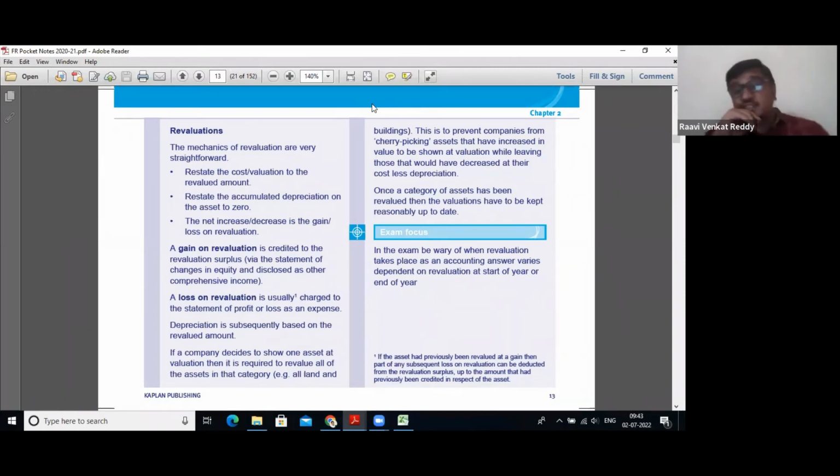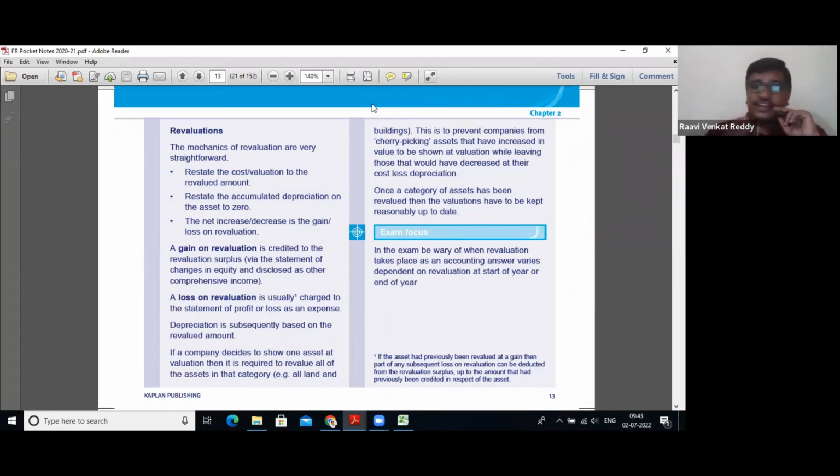Because of this, the company management might intentionally want to go with revaluation of assets. In order to minimize this chance, IFRS introduced an accounting standard called IFRS 13.